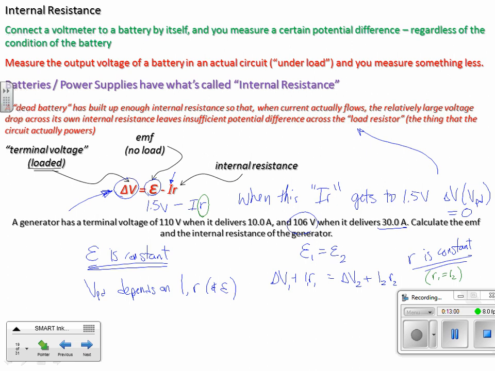So we'll just solve this for R. We're going to get delta V1 minus delta V2 equals I2R2 minus I1R1. Well, sorry, let me rewrite this. Since the R's are all the same, I2R minus I1R. Or delta V1 minus delta V2 equals R times I2 minus I1.